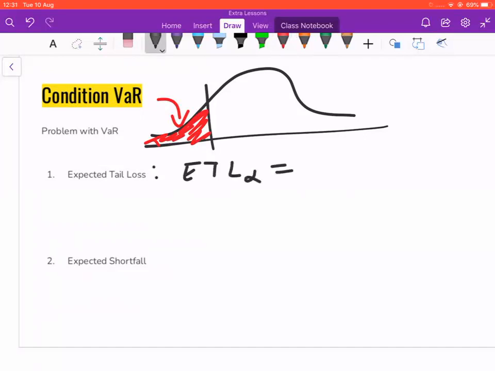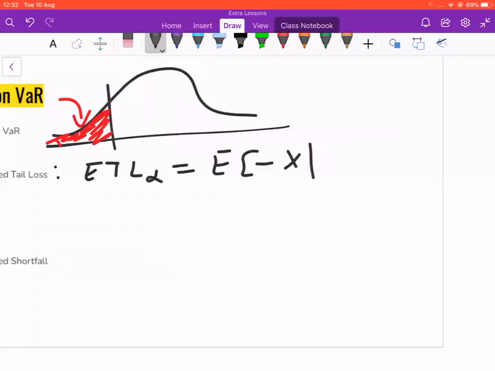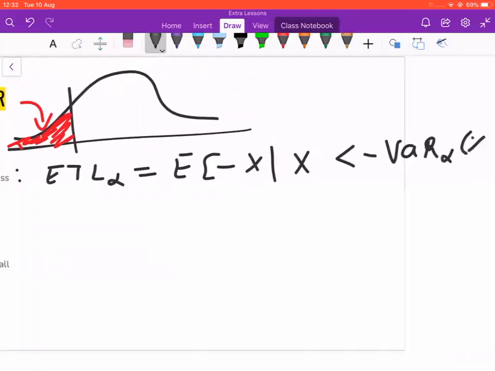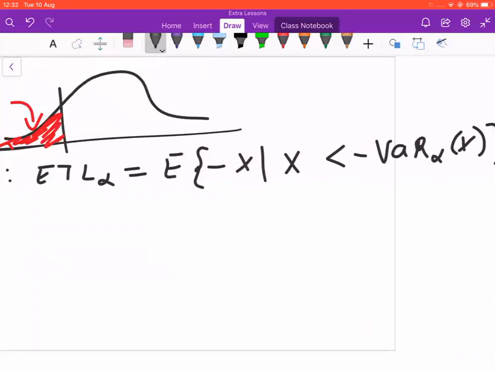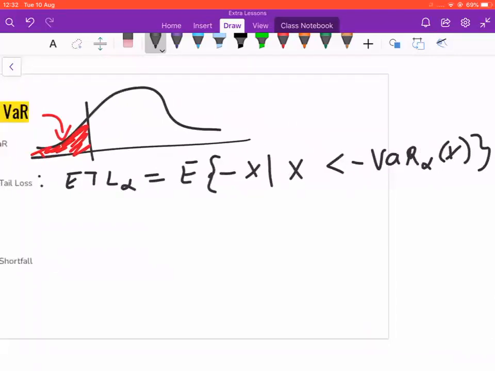ETL is going to be the expectation of negative X, given that X is less than VaR. This is the formula they use for expected tail loss.